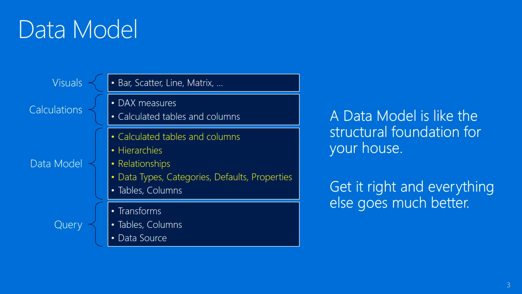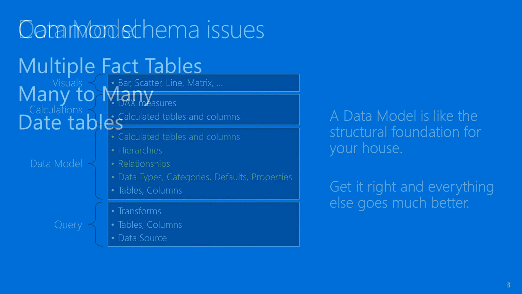And I would actually argue that anything that adds to the structural nature of the thing that your reports are going to be built on is part of what we're going to talk about today. So that includes, obviously, tables and columns and data types and categories and relationships and hierarchies, but also calculated tables and calculated columns. You get this right, and everything else goes a lot better later on.